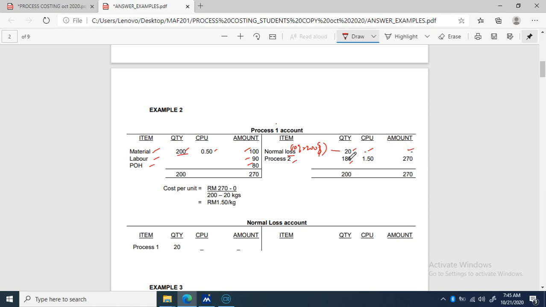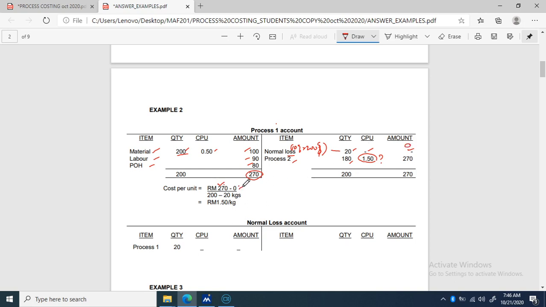How do we get the CPU? We have to calculate this CPU. Refer to the example: the total cost, so debit side total up, is 270, minus the scrap value of normal loss. The scrap value of normal loss is 0 here.